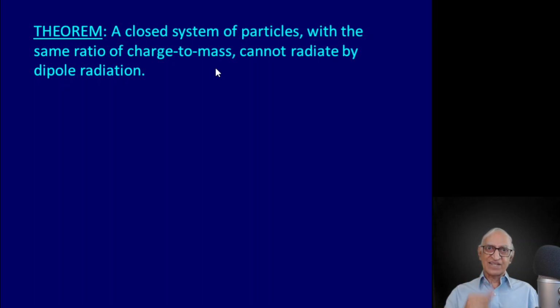So if they are all electrons, or if they are all protons, e over m is the same for all the particles. The charges are there, the electrons are there, they are accelerating, they are moving around madly, but they cannot radiate. Why?